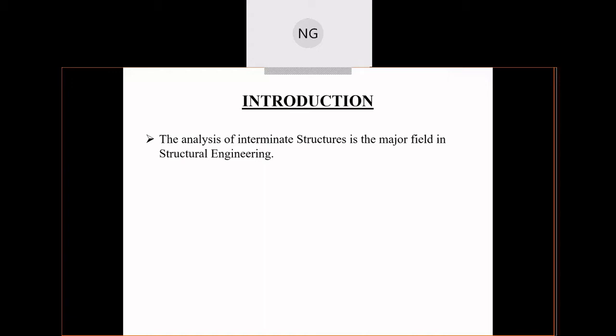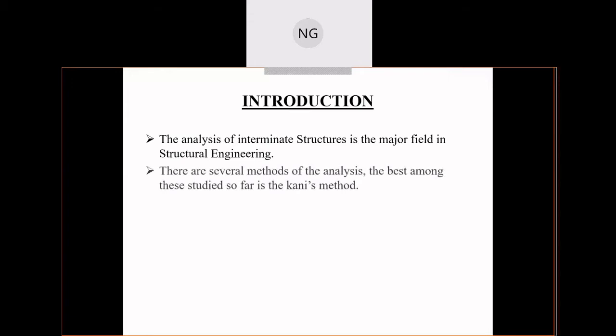Therefore, for major buildings we go for a computerized analysis. There are several methods of analysis. The best among those studied so far is Kani's method that we discussed.